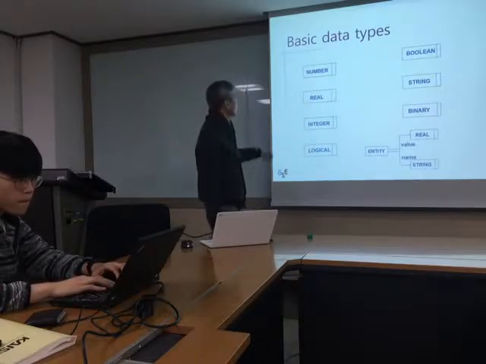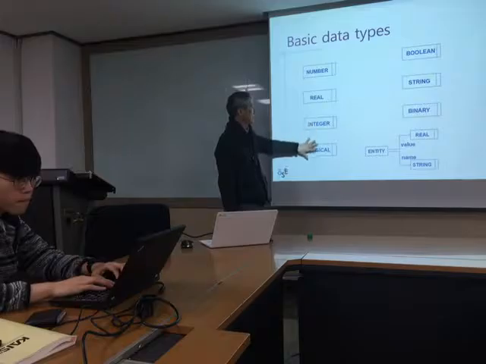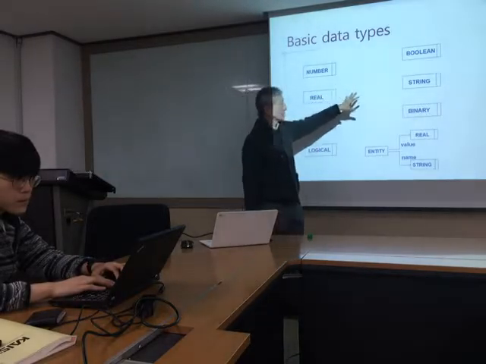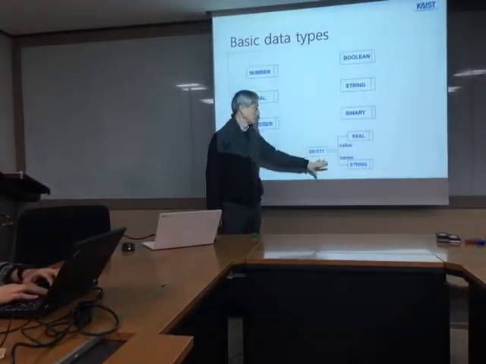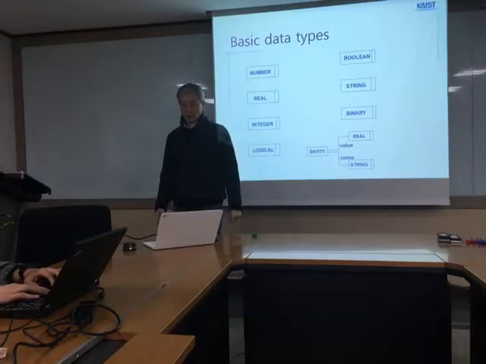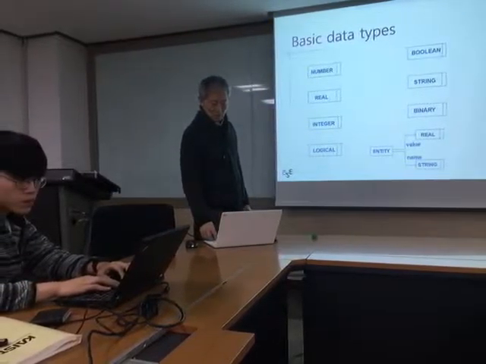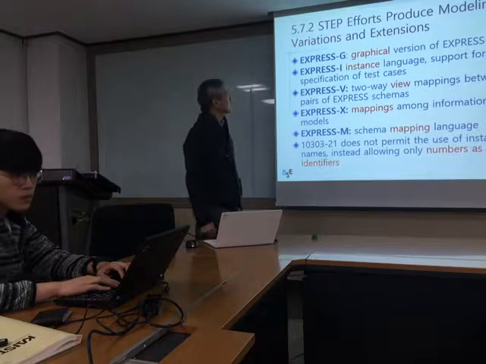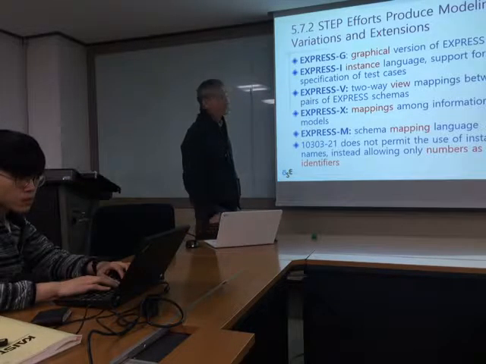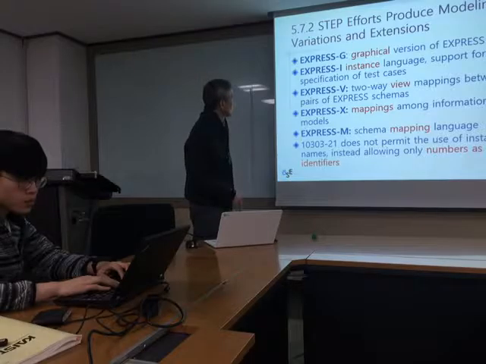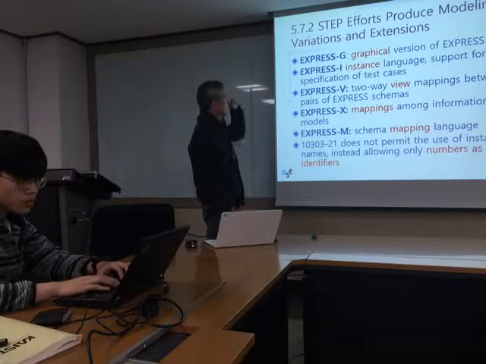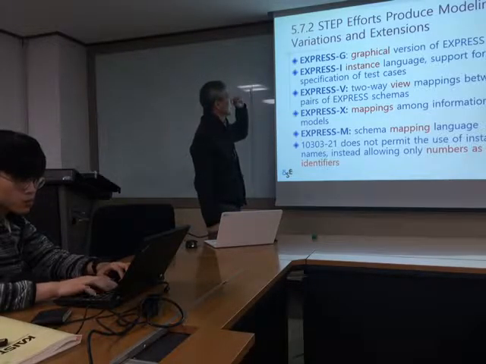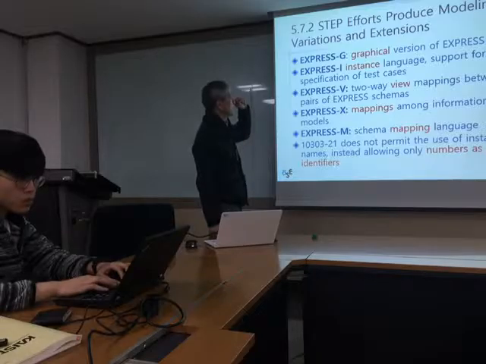So basic data type has number, real, integer, logical, Boolean, string, and binary. And then there are EXPRESS variations. The original one is the EXPRESS language, right? EXPRESS language, Part 11 of that ISO 10303.